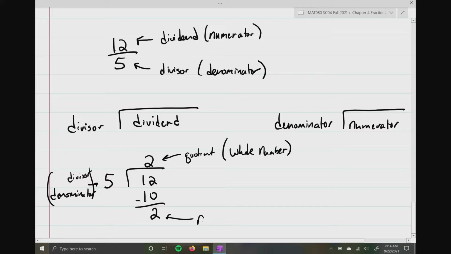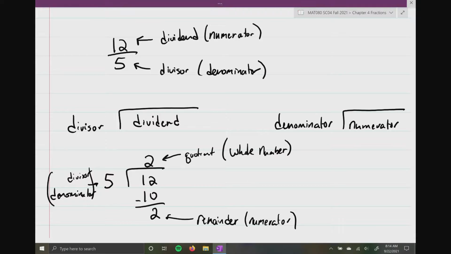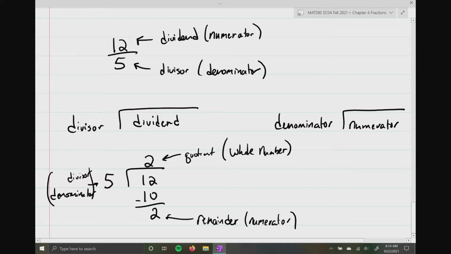Your remainder is your numerator. So in red on the right-hand side of the screen, 12/5 is equal to 2 2/5 as a mixed number.